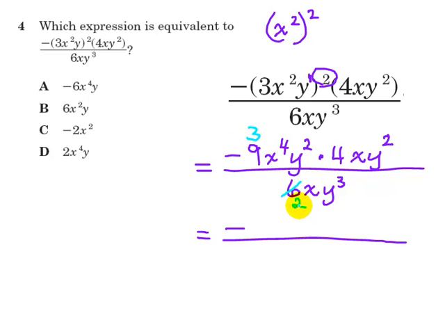Now I notice that this is 2 and this is 4, so these have a common factor of 2. So 2 goes in here twice and in 2 once. So I've worked on all my coefficients. So let's write him down. 3 times 2, 6.